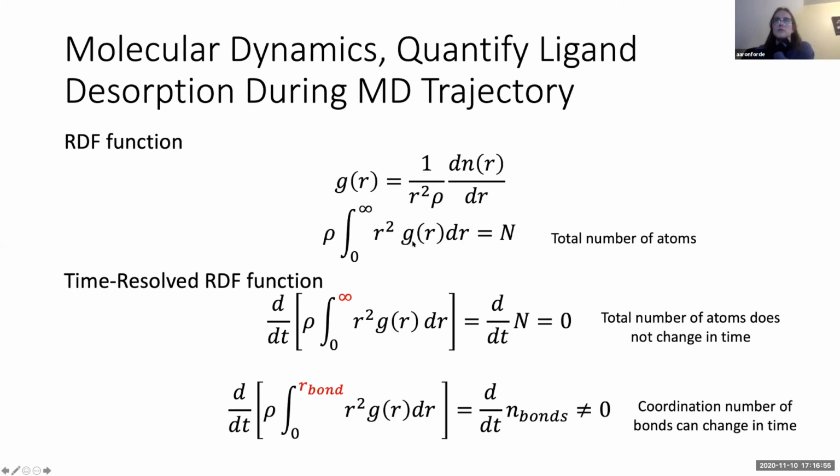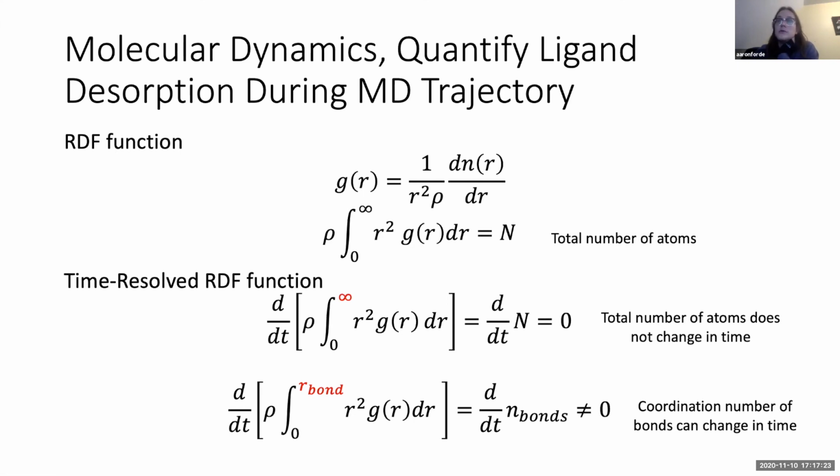So I guess the main point that I'm trying to get at with this slide is that if you do RDF functions for each time step of the trajectory, it's not very useful if you consider all the atoms in the system, because that doesn't change.